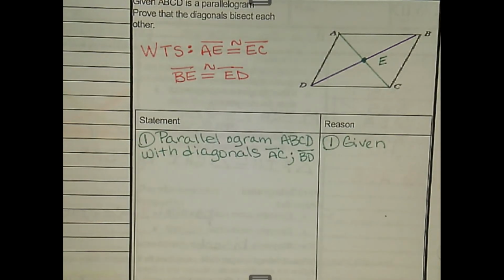Okay, how do I get started? How do I think about this? Okay, I know I've got a parallelogram, and I know that the opposite sides are what? Parallel and congruent would be true. So the first thing I've got to do is look at the picture. I've created what?